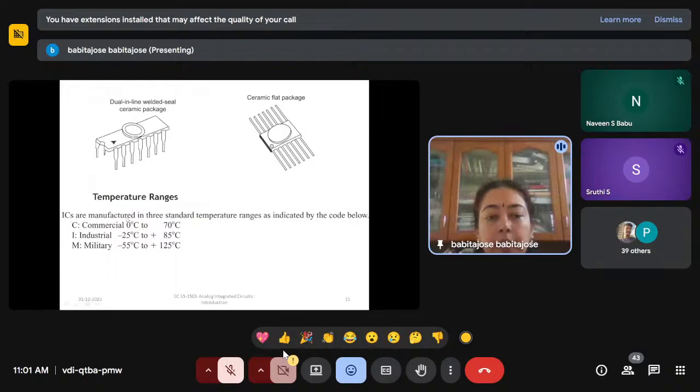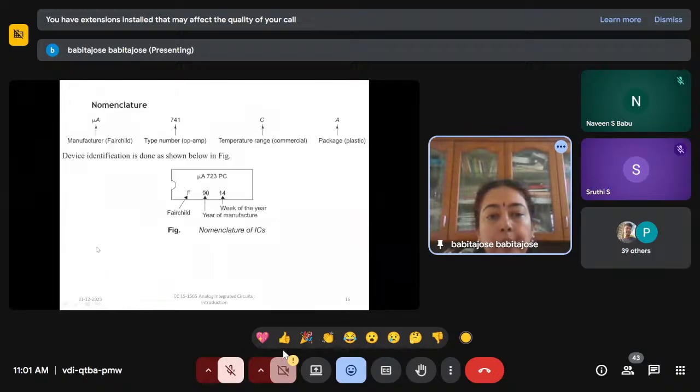It is manufactured in three temperature ranges: commercial, industrial and military. If you write 741C, C means commercial, I indicates industrial and M military.